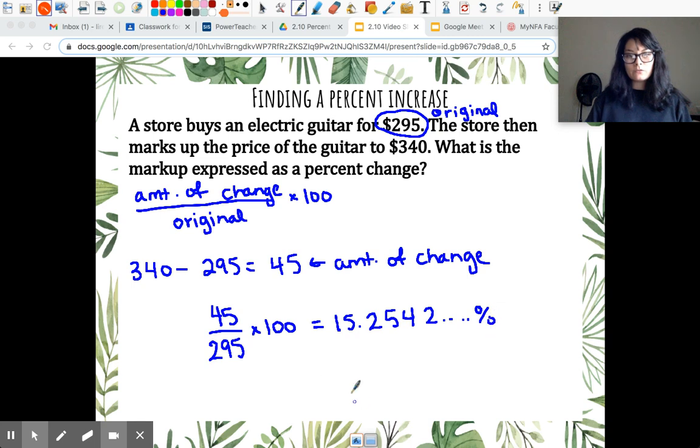Again, this is percent format since we multiplied by 100, but I'm going to round that to the nearest tenth. So I'm looking at the 2. The 5 tells me to raise the score. If it's 5 or more, raise the score. So this is going to become 15.3%.